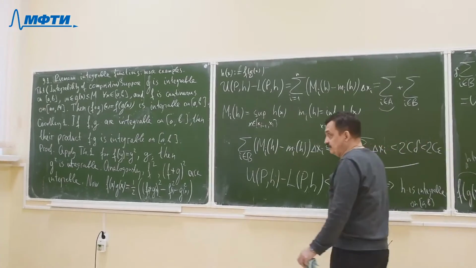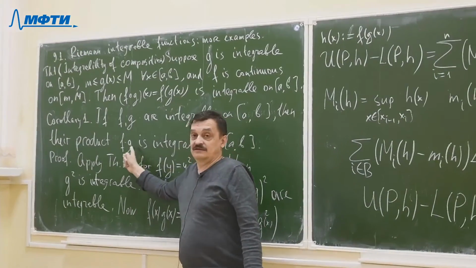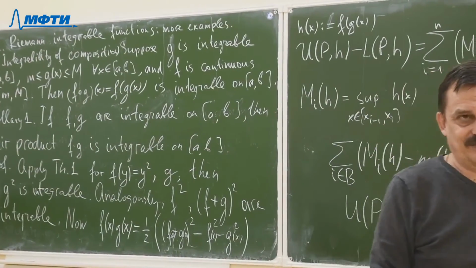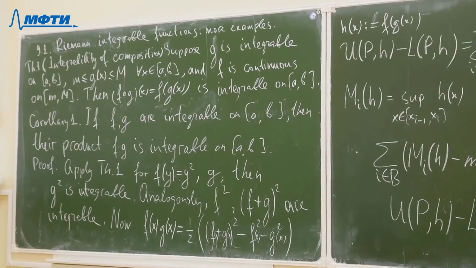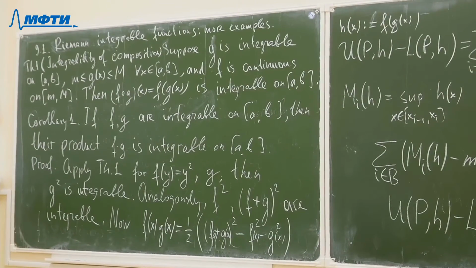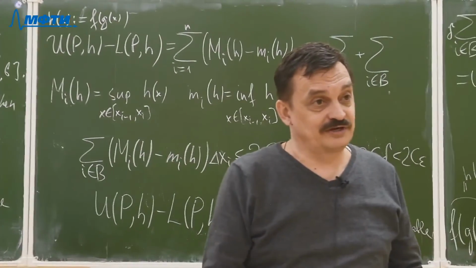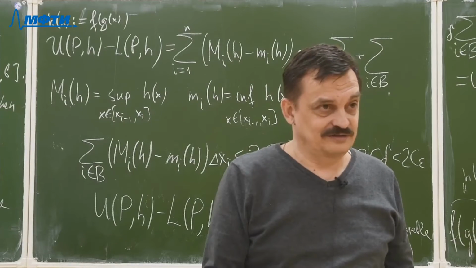And let me emphasize that there is no rule to integrate the product. How to integrate, right? That is quite different from the derivative. There is a rule how to find the derivative of a product, right? But no rule to find the integral of the product.